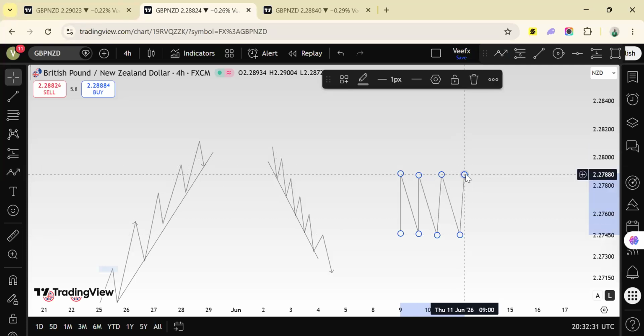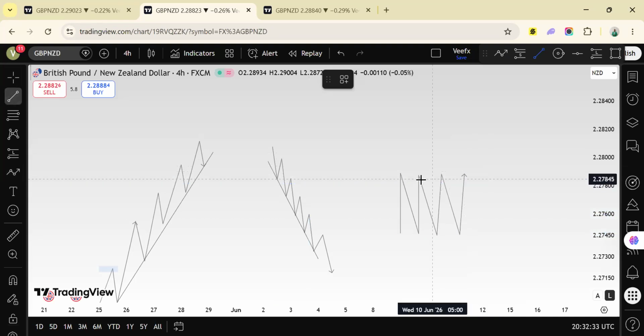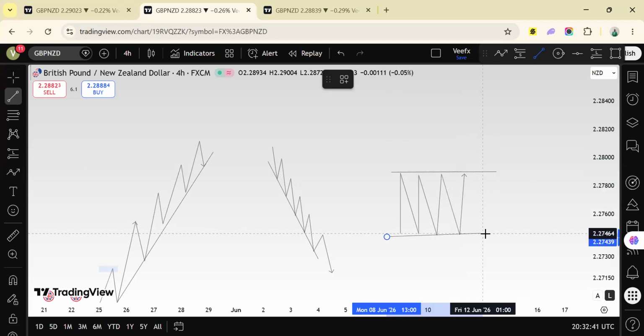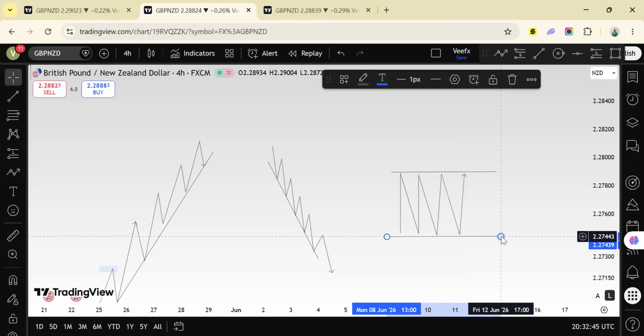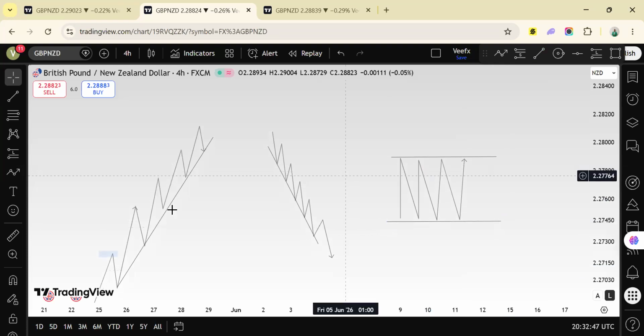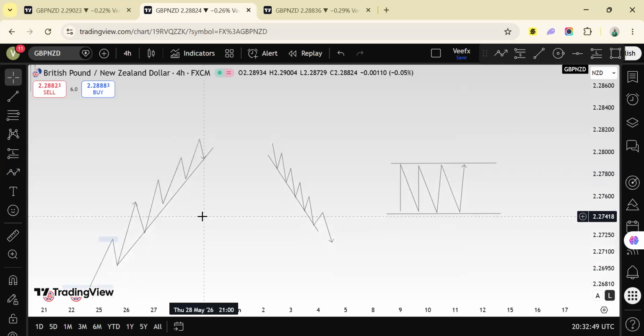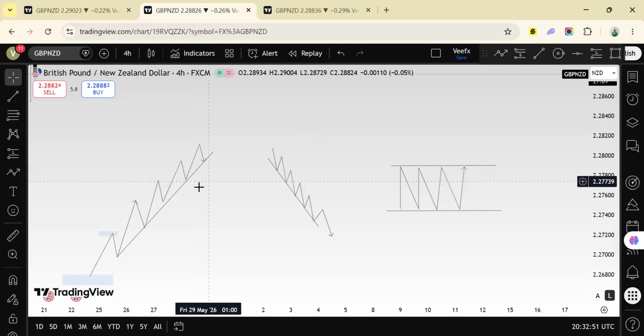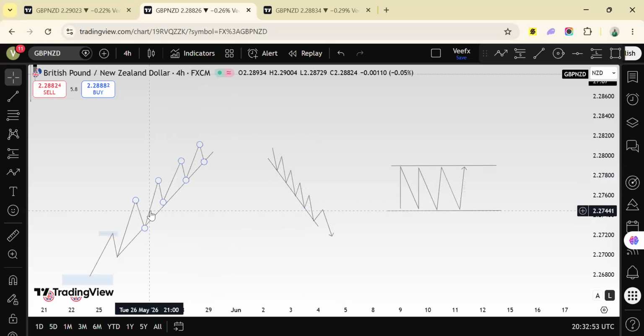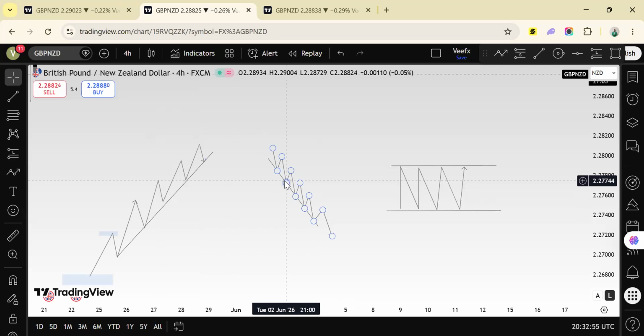It's not really making any uptrend or downtrend pattern. It's just consolidating. That's what we call a ranging market. So this is the third type of way that price makes its movement, right? But here, we just pay attention to these two types of price movements, which is either the uptrend or a downtrend.